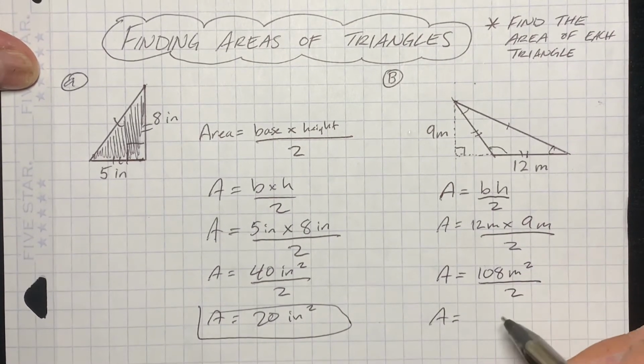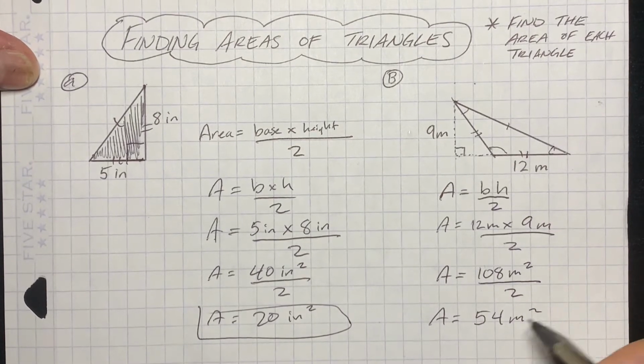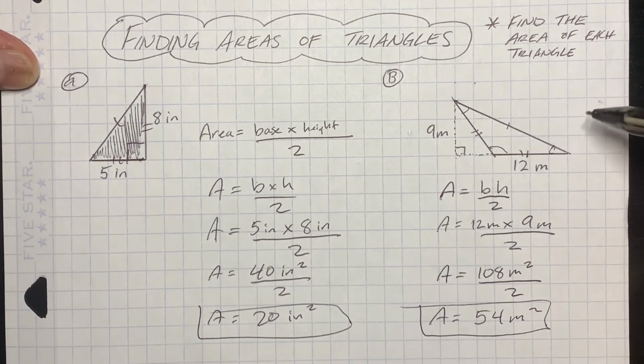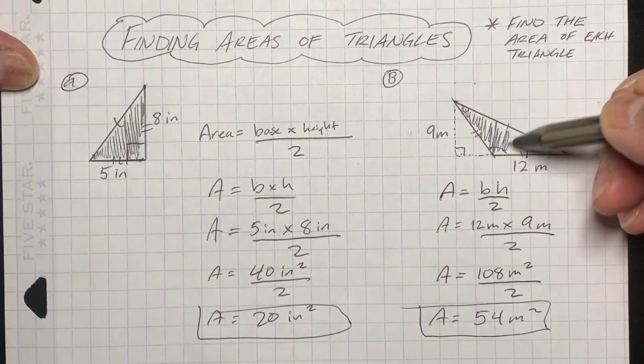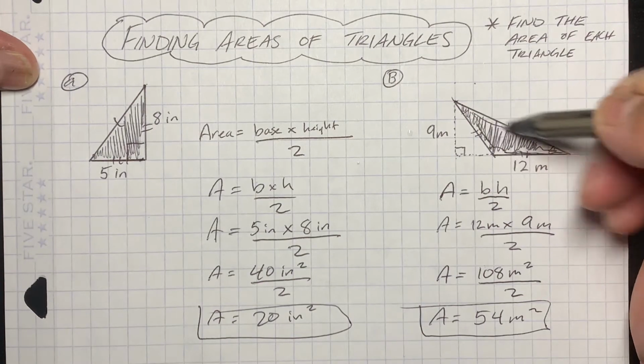Now again, half of 108 will be 54. That's going to be 54 meters squared. That's going to be the area inside this isosceles triangle. Isosceles because 2 sides of the triangle are of equal length.